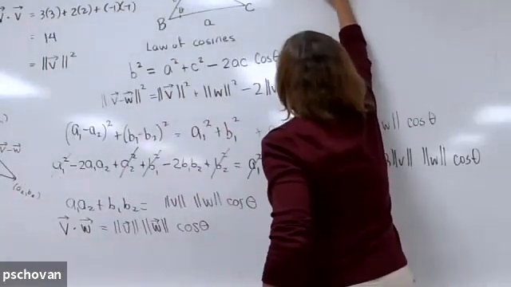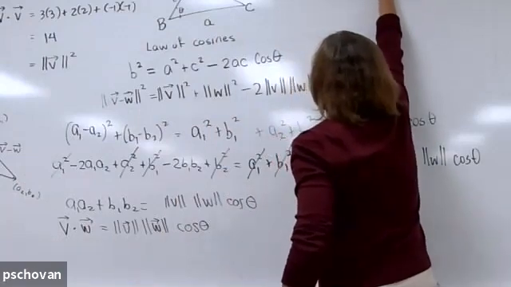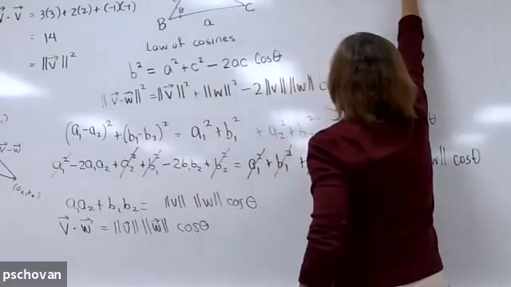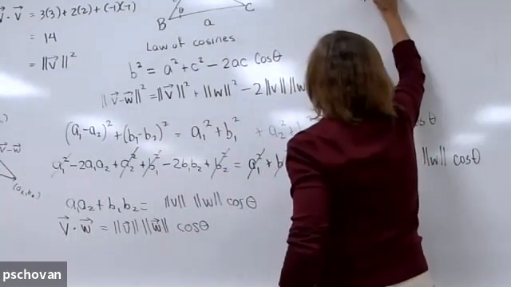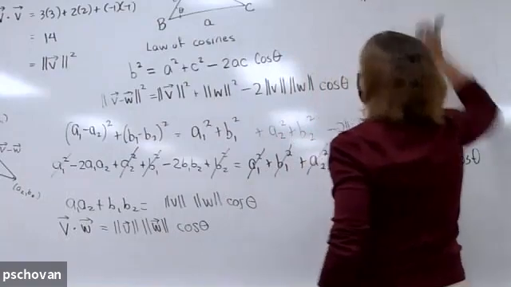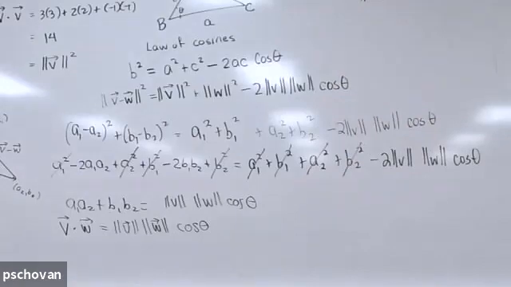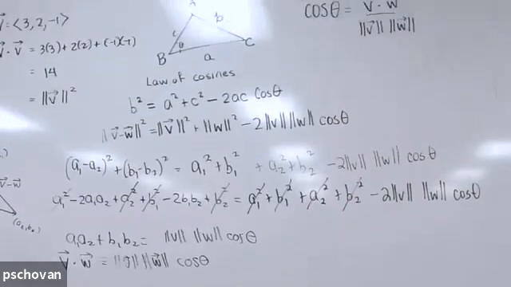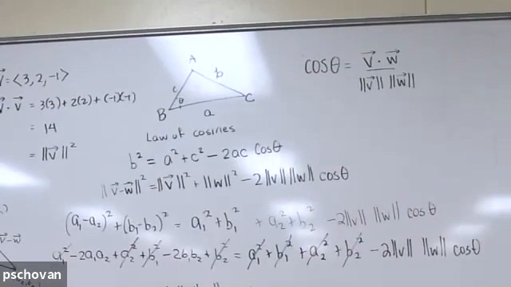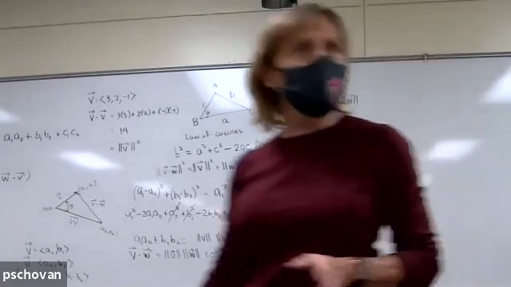So it gives us that the cosine of the angle included between vectors V and W is the dot product divided by the magnitude of V times the magnitude of W. So there's a formula for you to help you find the cosine of the angle between two vectors.